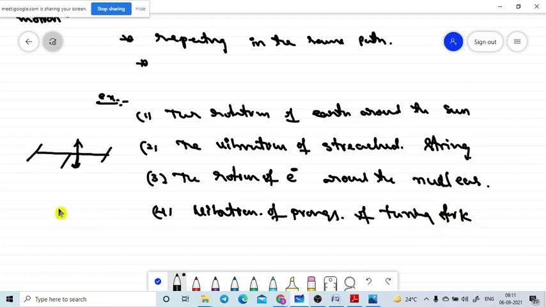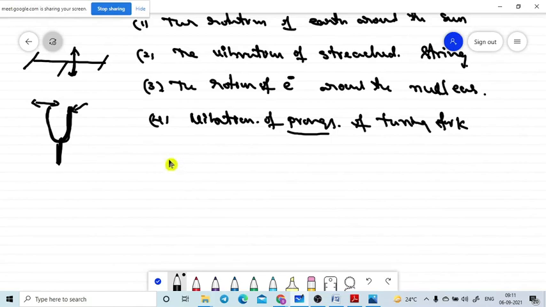A tuning fork looks like a U-shaped object. If you hit it with a rubber hammer, the tuning fork starts to vibrate. The sides are named the prongs and this is the handle. If you vibrate the prongs, they vibrate left and right like this. This is also a periodic motion.